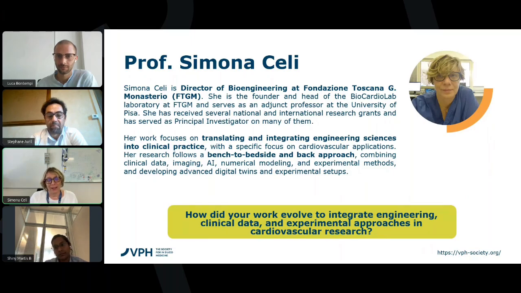And this was the first challenge, because the idea was to start from the patient data, analyze this type of data, perform modeling, make additional investigation, both with solid and fluid dynamics approach to understand better the cardiovascular physiopathology of the patient that we are studying, but with the focus of a translational research to come back to the patient.